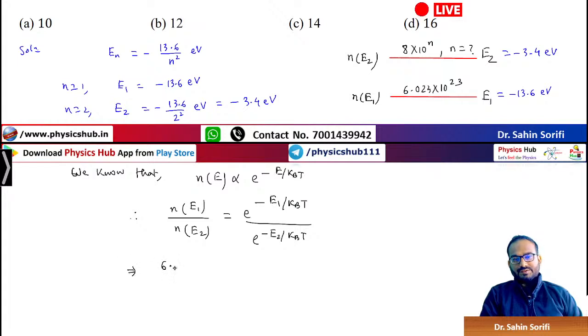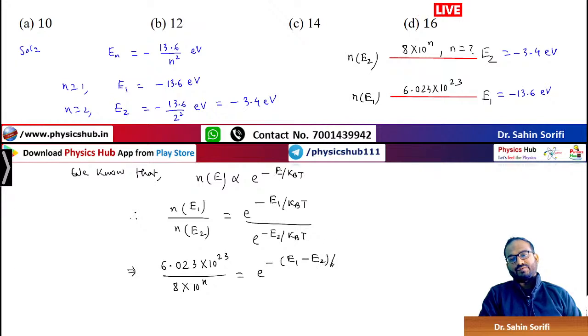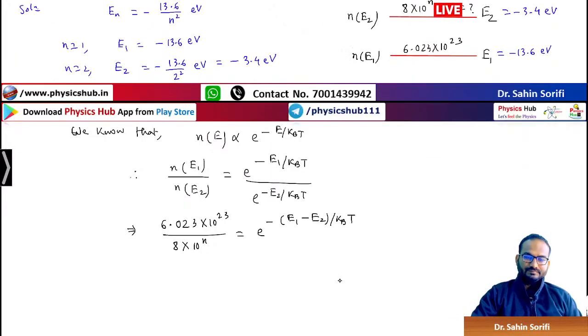This is given to you, 6.023 × 10^23, this is given 8 × 10^n, and this is equal to e to the power... You see, if you take minus common, E1 minus E2 upon kT we can write, and E1 minus E2 divided by kT. So what will it produce?